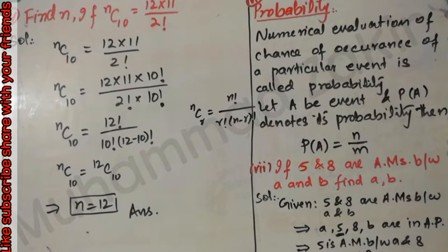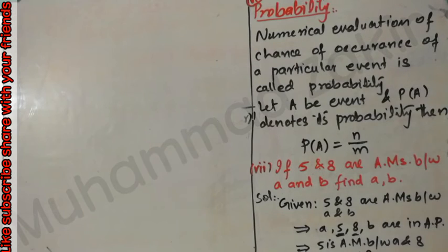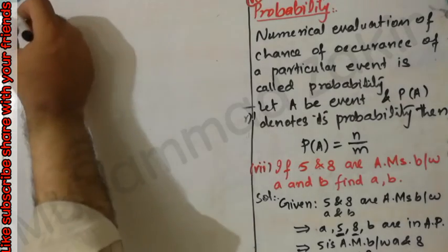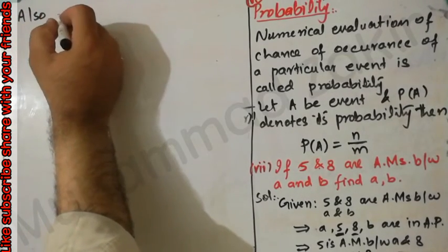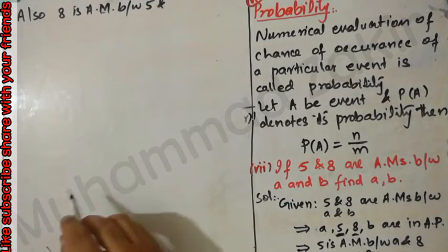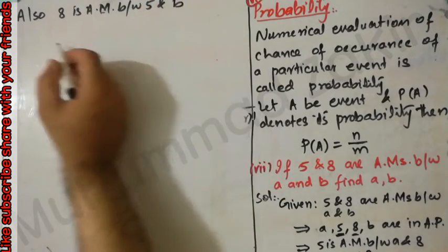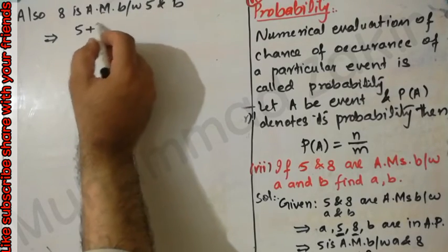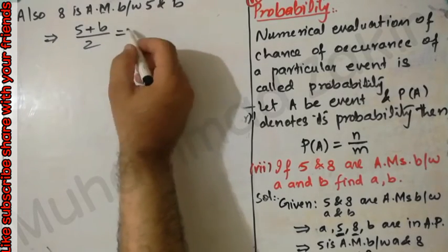Easy to find, right? This 8 is in the middle of 5 and B. So 8 is the arithmetic mean between 5 and B. Every middle term is the arithmetic mean between its n terms. So if we consider it as the middle term, then it is the arithmetic mean between 5 and B. Also we write 8 is AM between 5 and B. So it means if we add 5 and B and divide by 2, we get the middle term 8.